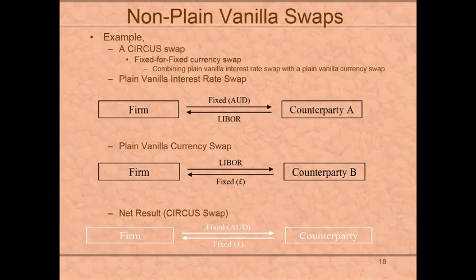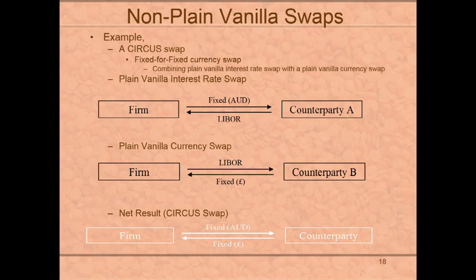So we look at one type of so-called exotic swap. What we've seen so far are all plain vanilla. This is a circus swap, which means a combined interest rate and currency swap. How do you achieve this? You can enter into a plain vanilla interest rate swap in which you pay fixed and you receive LIBOR, which means you receive a floating rate.